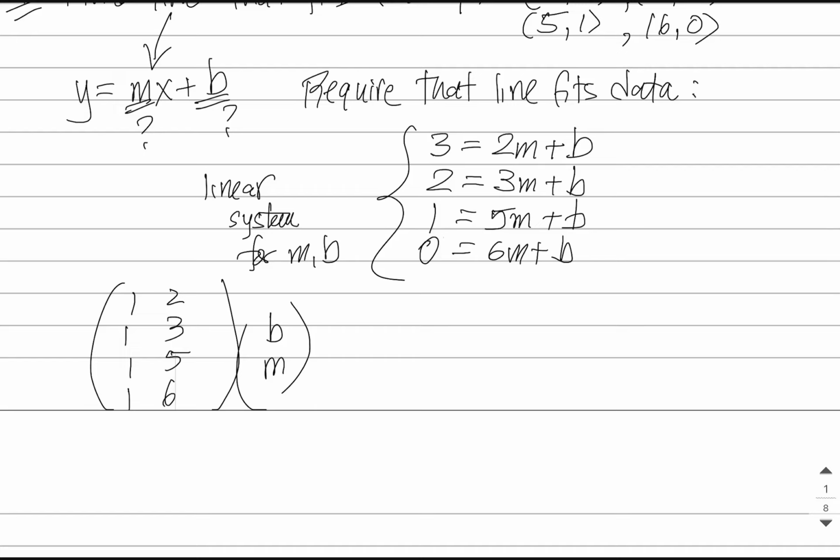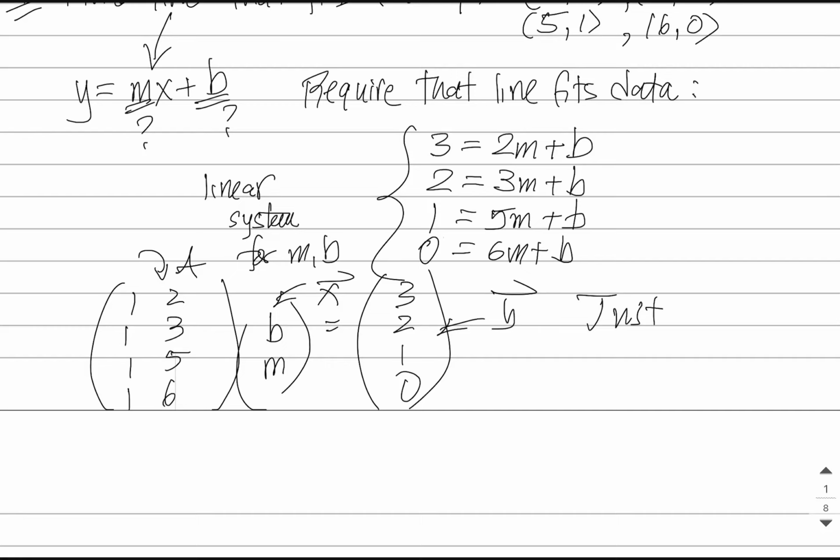The second column refers to all the weights in front of the slopes. And then the right-hand side is just the output values that we've got here. So this is our system. We are going to call this matrix A. This will be our vector x of unknowns, and then this will be our right-hand side. So it's just the same old Ax equals b that we've been used to.